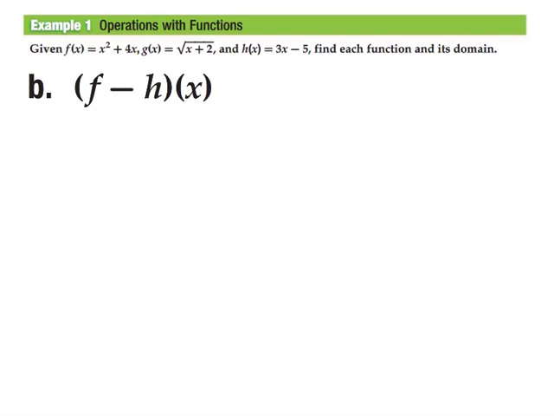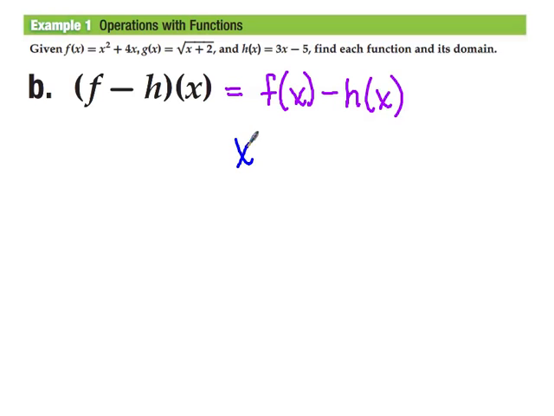So let's look at this one. Once again, same instructions. This is just f minus h of x. Okay, so exact same problems, f minus h of x. So if we think back to that first slide, this is going to mean f of x minus h of x. So all I'm going to do now is plug in each of those individual components.